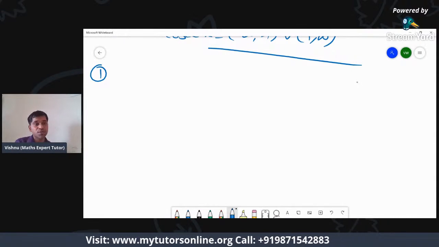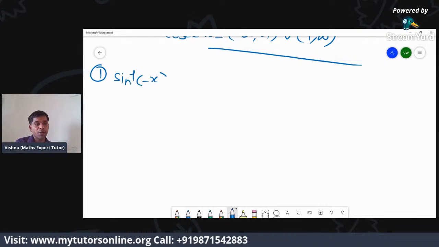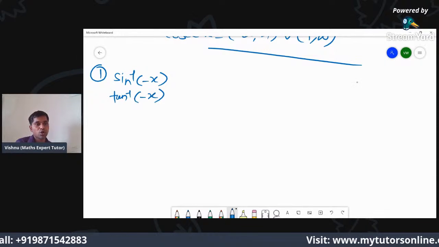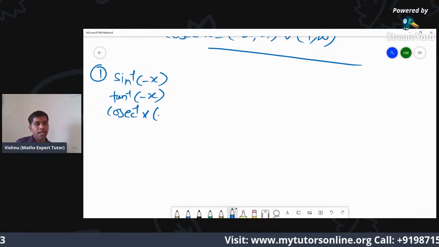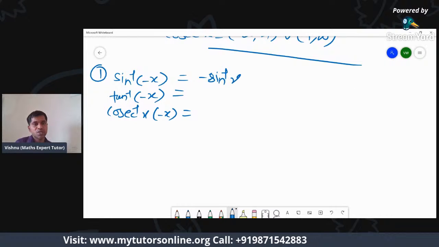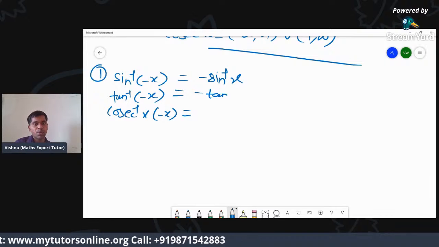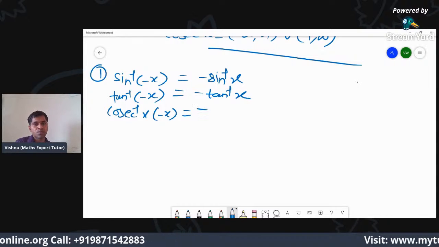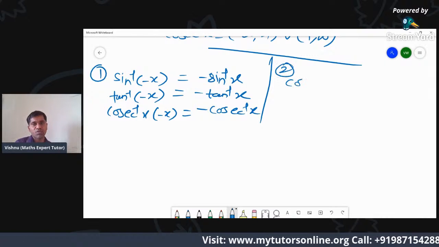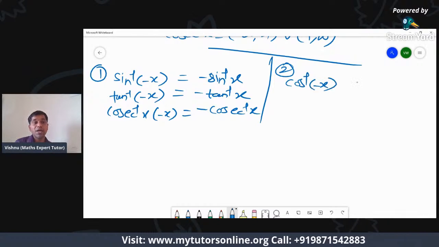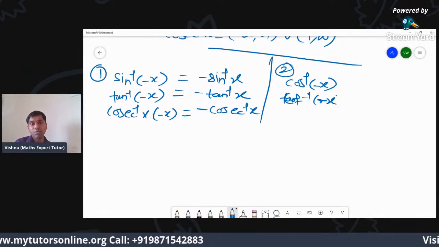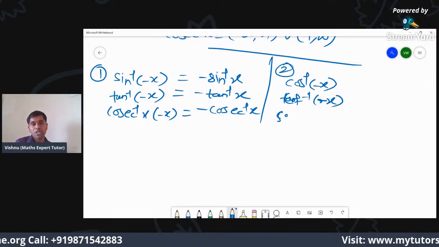Let's use some formulas. So again, the groupism is there. Sine, tan, and cosec has the groupism. First group, right? And this has the same outcome. Second group consists of cos inverse, cot inverse and sec inverse.